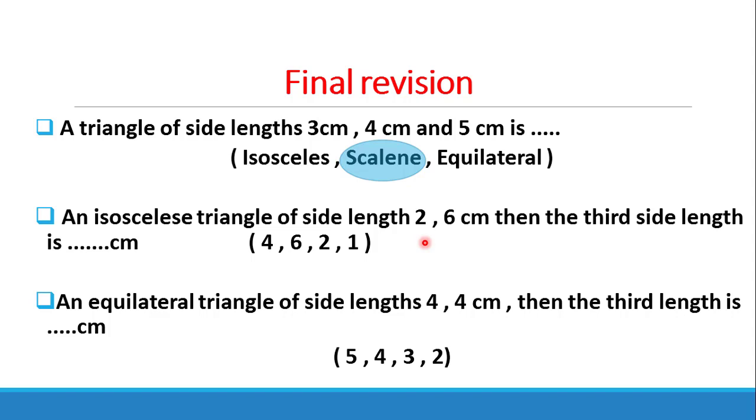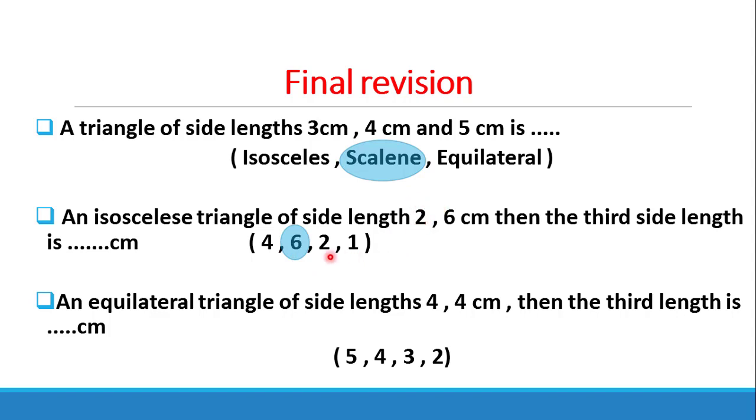In any triangle, the summation of two side lengths should be greater than the third length. For example, if we choose 2, 2 plus 2 is 4. 4 is less than 6. So don't choose 2, choose 6. Let's try. 6 plus 6 equals 12, greater than 2. 6 plus 2 equals 8, greater than 6.